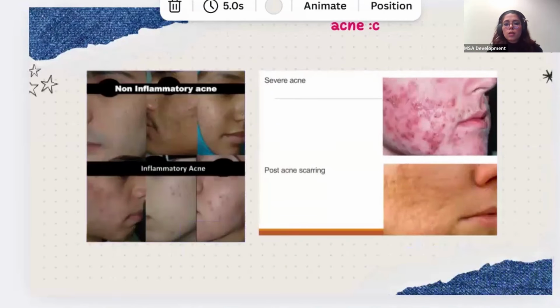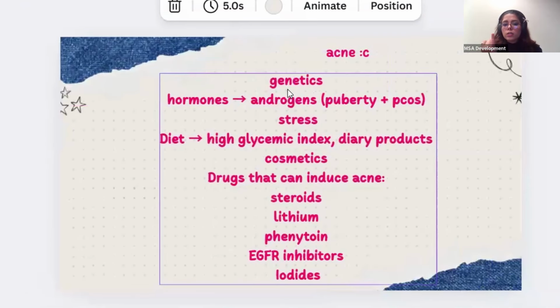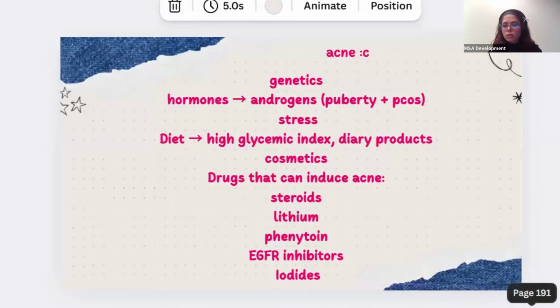This is more pictures of acne. Genetics is a factor, hormones, diet with high glycemic index, i.e., a lot of sugary food, dairy products, cosmetics, and drugs: steroids, lithium, phenytoin, EGFR inhibitors, iodides. You're not going to be asked about most of these, it's just good to know.